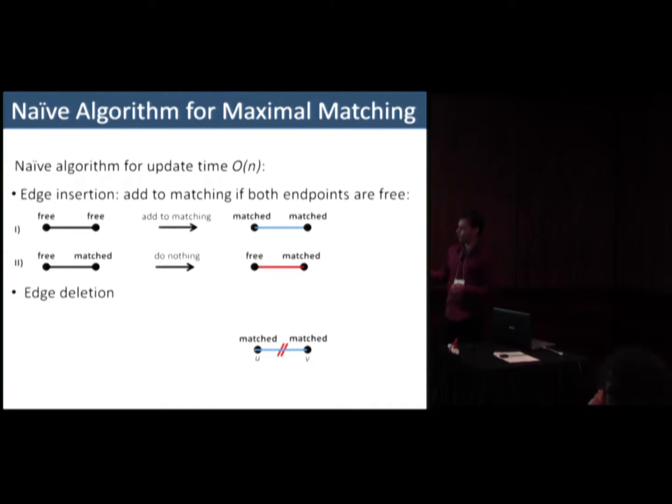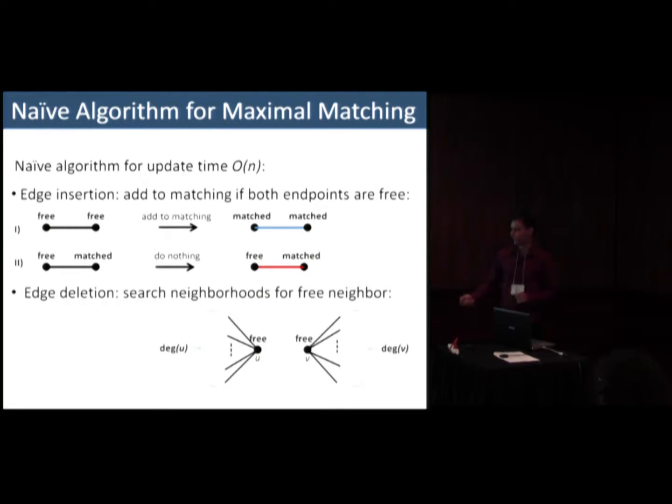Don't have to do anything special, but the only interesting case is when we delete a matched edge, and then the two endpoints become free, and we need to make sure that they don't have a free neighbor. So we just naively scan the neighbors, and if we find a free neighbor for u, we are going to match them, and the same goes for v. So the cost here, naively, is the sum of the degrees of the two endpoints up to some constant. But that's order n in general.